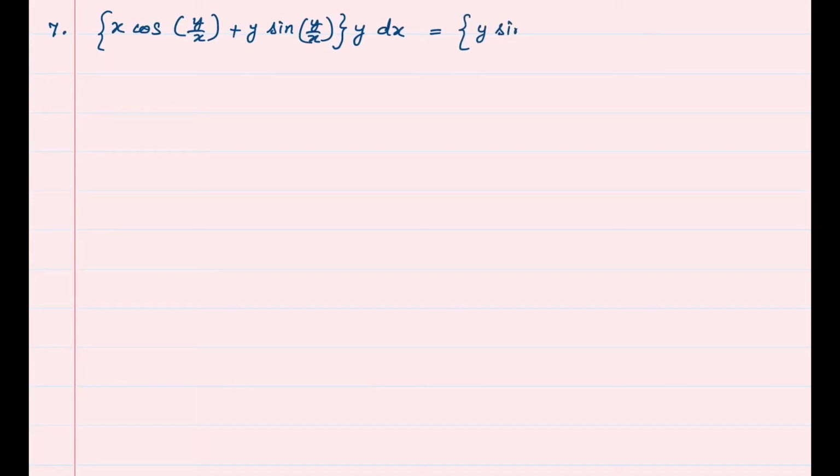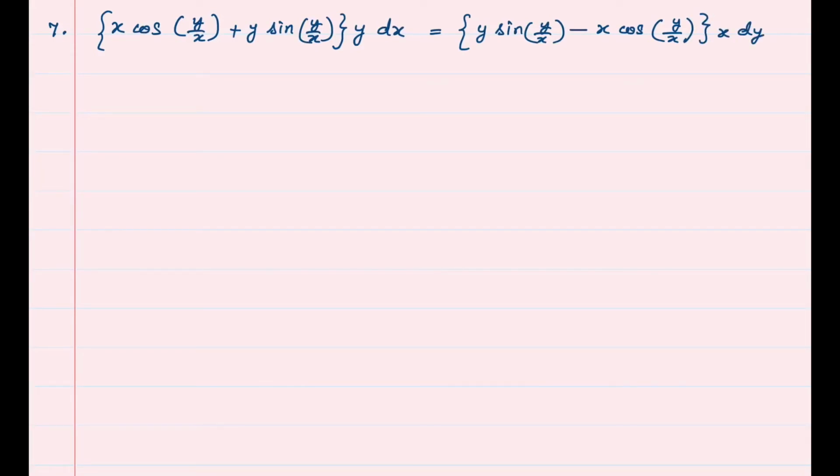Question 7. x cos of y by x plus y sin of y by x times y dx equal to y sin of y by x minus x cos of y by x times x dy.